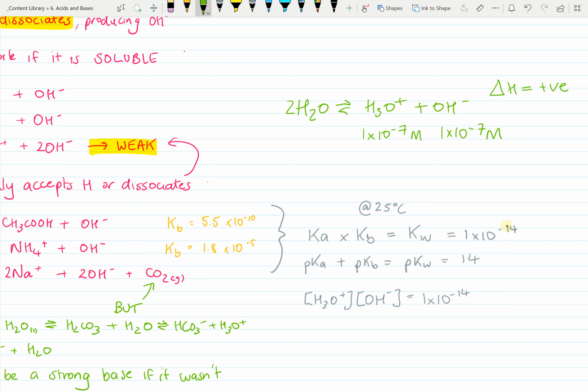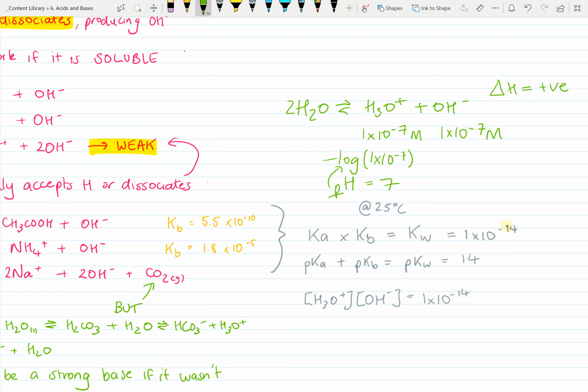And those numbers are really ugly, so we normally put them into a log form, which makes it a base 10 form. So if I take the negative log of this 1 times 10 to the negative 7, it turns it into a clean number like 7. And this is pH. P means negative log.